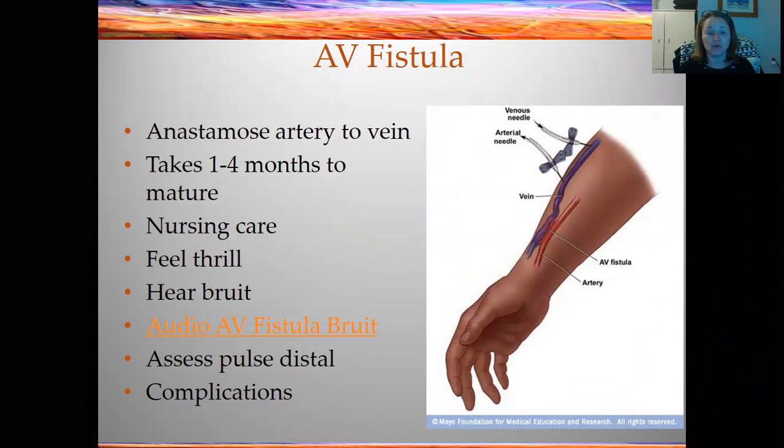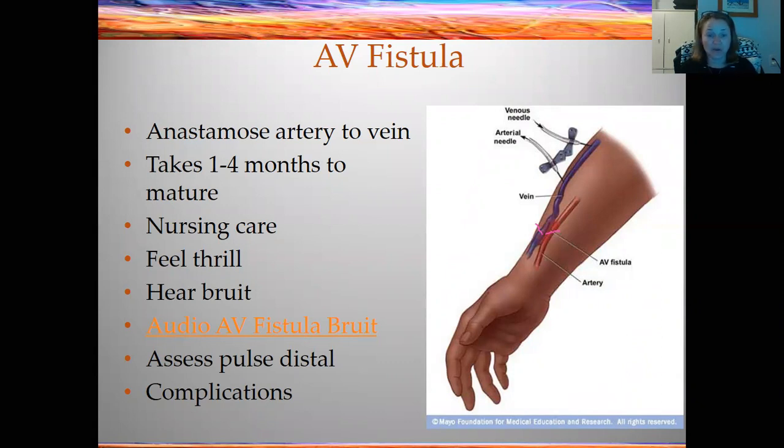When they do dialysis through the fistula, they'll put in 2 needles, one for blood to leave through, and one for blood to return to the body. They will be inserted into that vessel to obtain adequate blood flow to pass through the dialyzer.